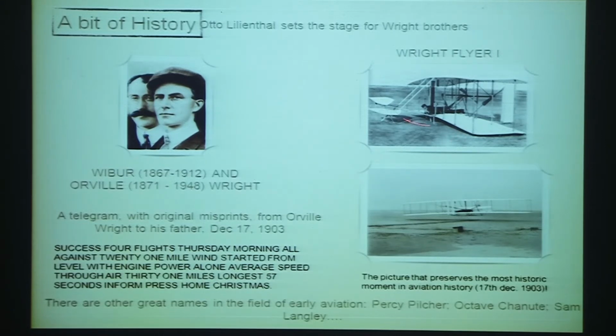This is a craft which by itself took the speed equal to the flying speed and lifted off by itself, and by changing the angle of attack of the elevators and rudder, they could control its motion in air. And this is the first successful aeroplane.